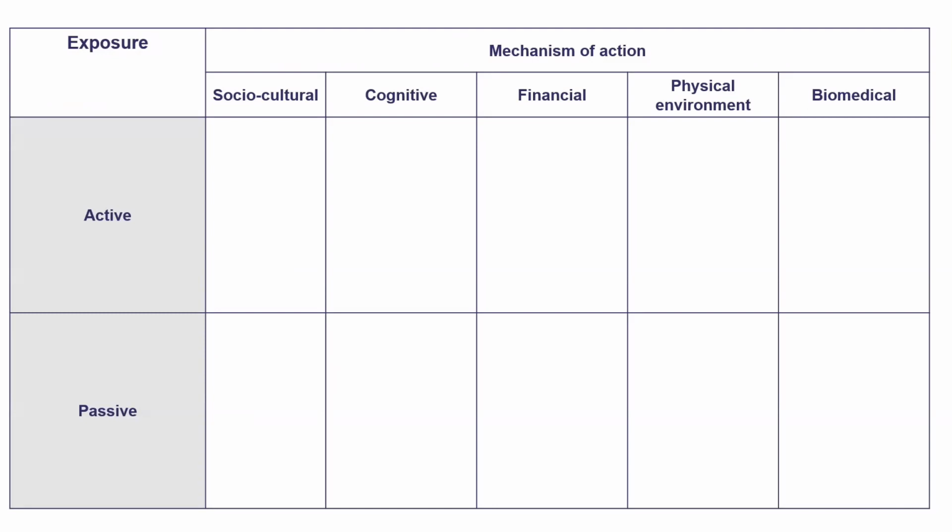So using the same examples, we can see that the mass media campaigns, the front of pack labelling, the physical activity counselling are classified into the cognitive mechanism because they aim to change an individual's knowledge, skills, or beliefs or values. But then we can see that this maintains that distinction between the active and the passive exposure.